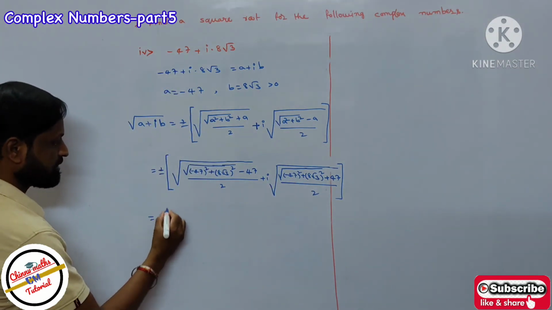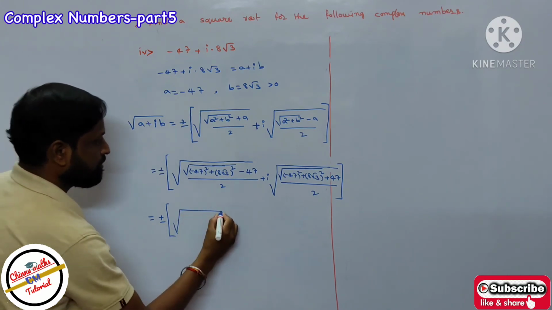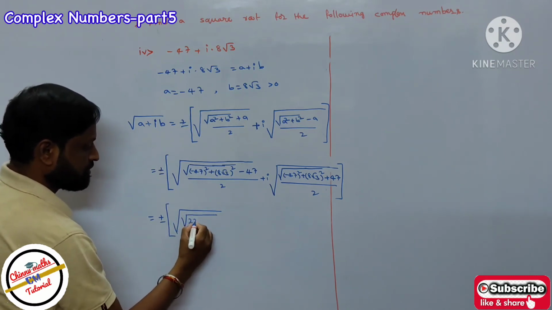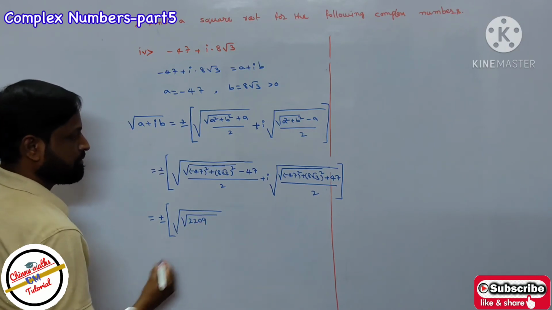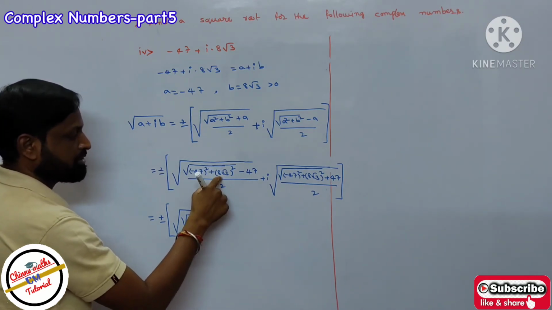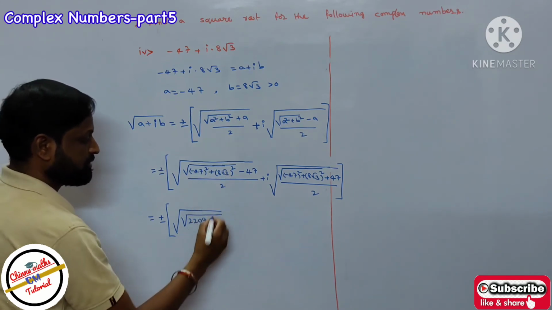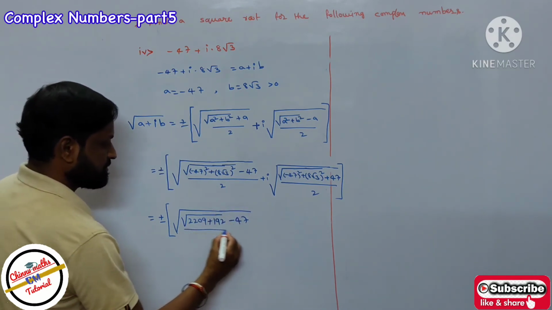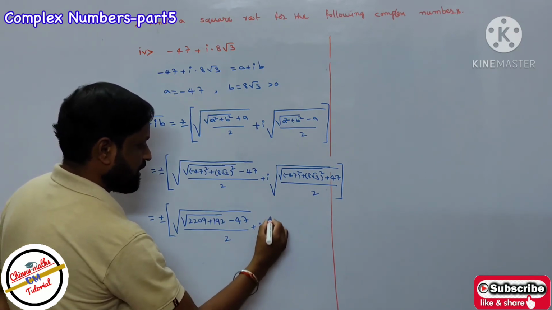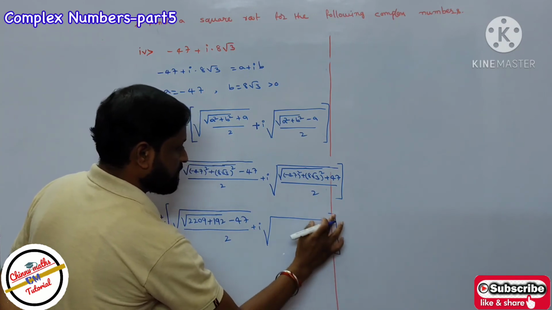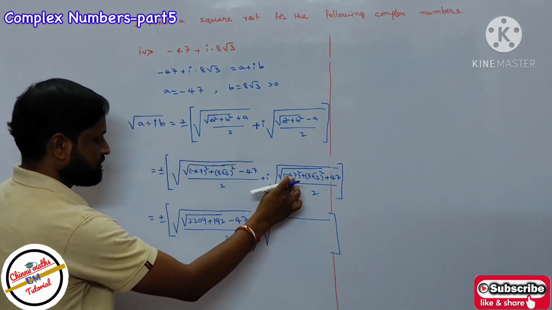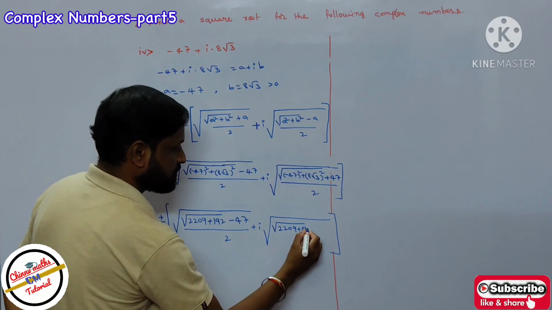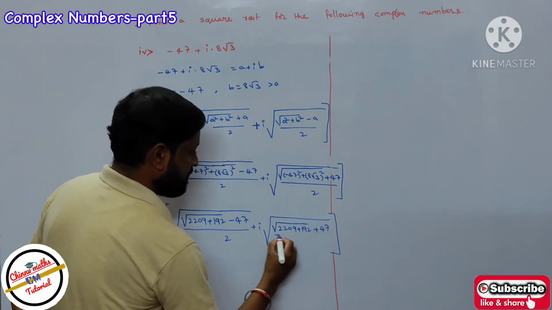It is equal to plus or minus the square root of minus 47 whole square, which means 2209, plus 8 root 3 squared: 8 square means 64, root 3 whole square means 3, 64 into 3 equals 192, minus 47 by 2, plus i into again the square root of the same value, 2209 plus 192 plus 47 by 2.